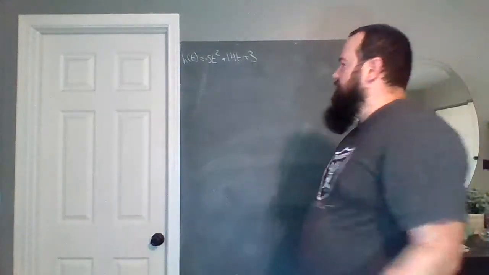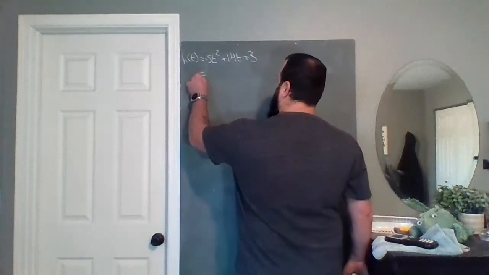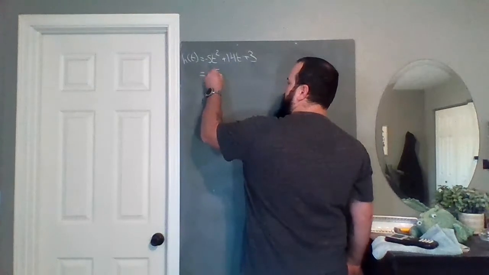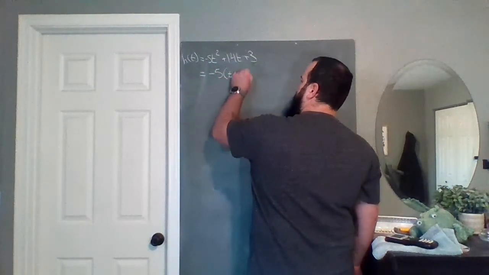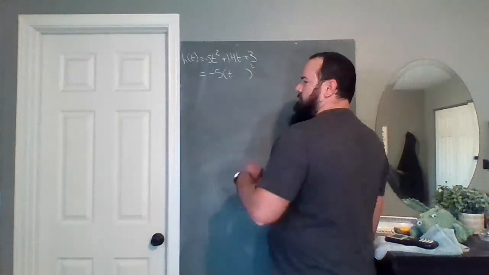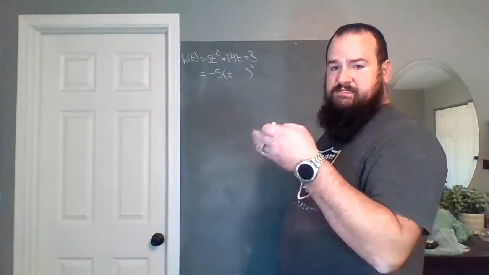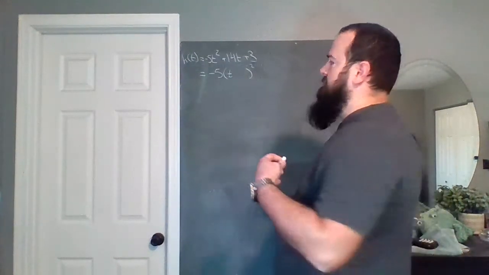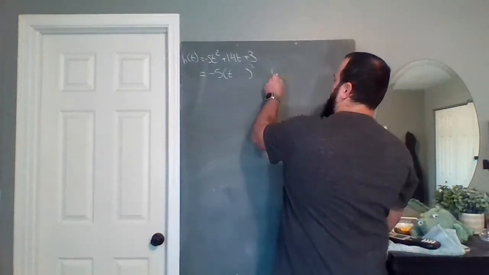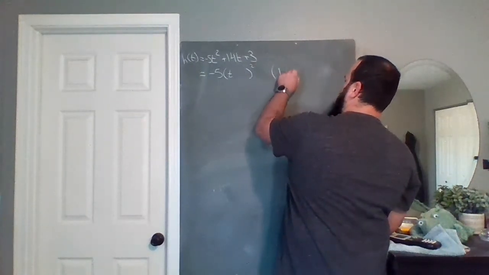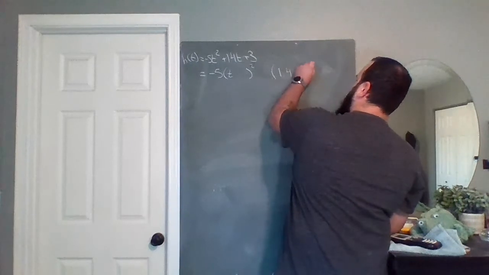Now, for vertex form, I already know my a. Remember, vertex form is a times x minus h squared plus k. Well, we know the vertex of this was at 1.4 comma 12.8.